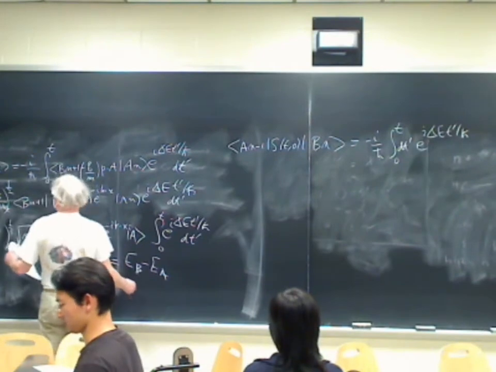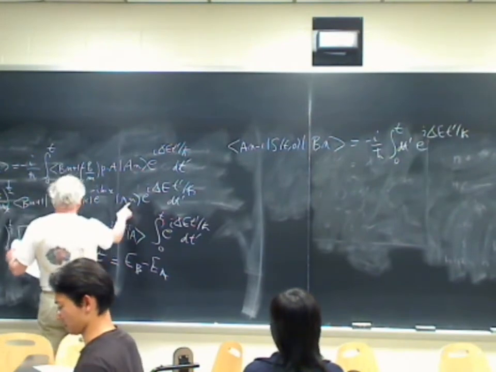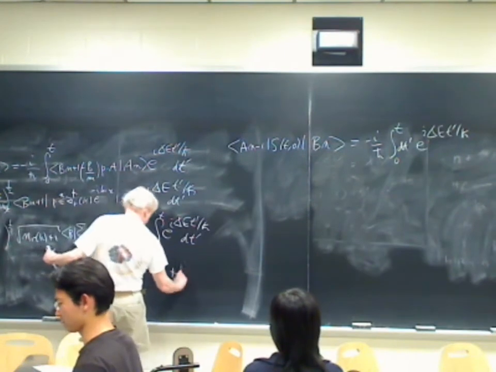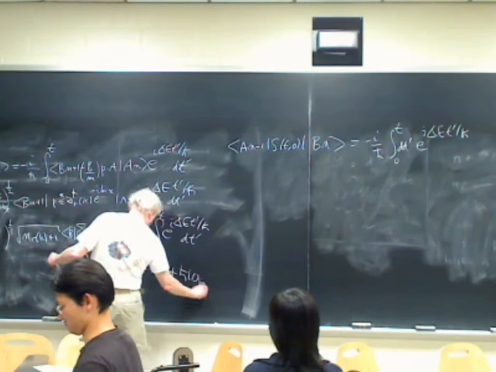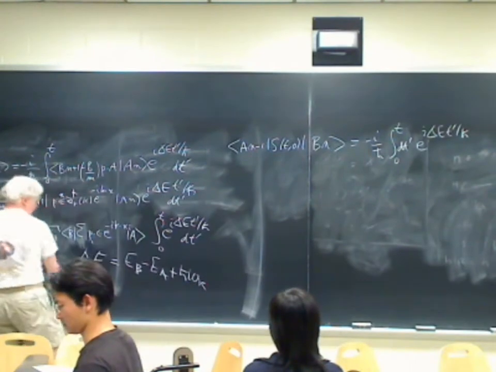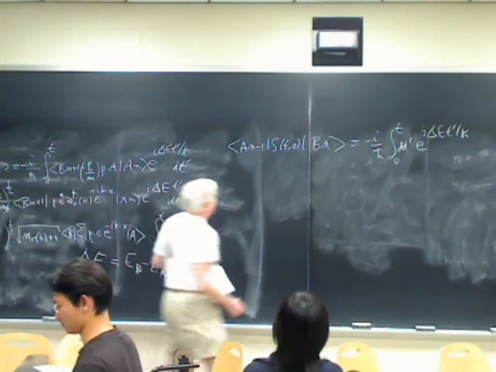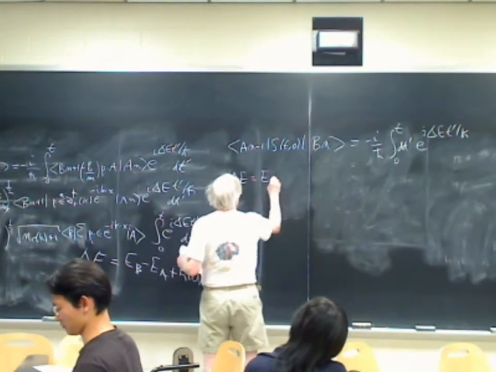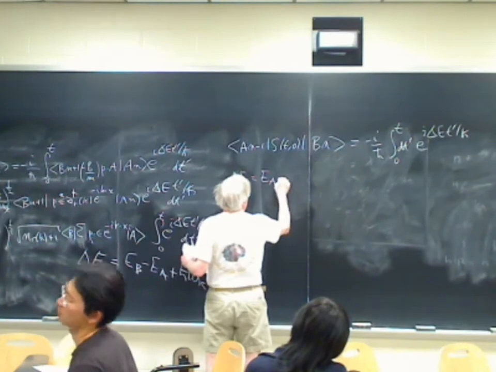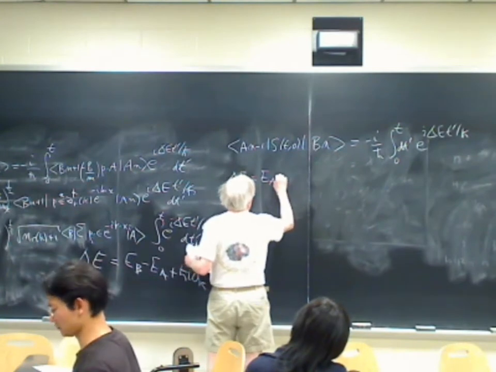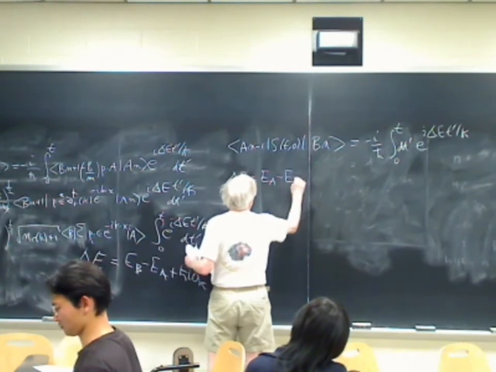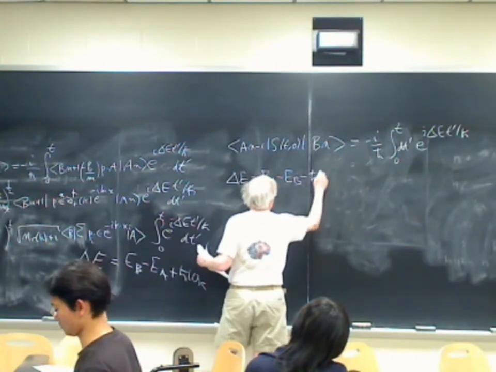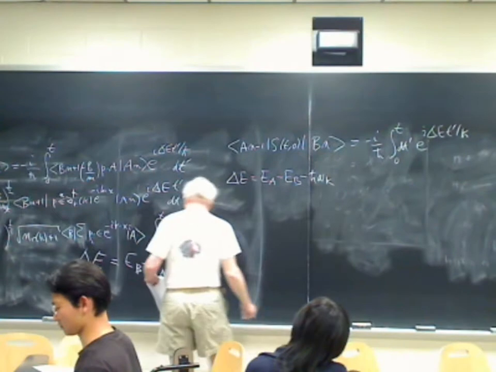and it's EB plus h bar omega k, because there's an extra photon over there. Over here, delta E is going to be EA minus EB, and now there's an extra photon over here, so it's minus h bar omega k.